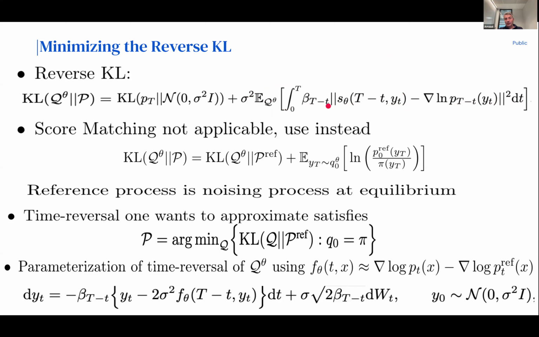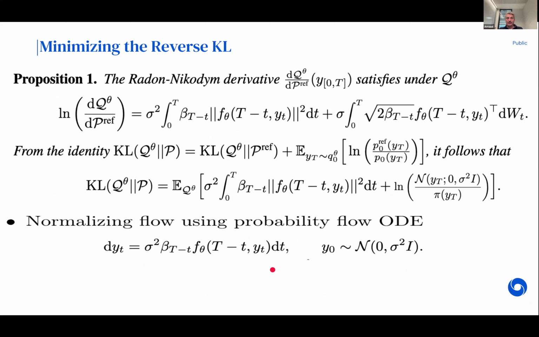So you need to play a bit with this expression, and it turns out you can rewrite the KL divergence between the path measure induced by your approximate time reversal and the true time reversal using a few elementary manipulations, which lead you to a tractable criterion. I'm going to skip that.